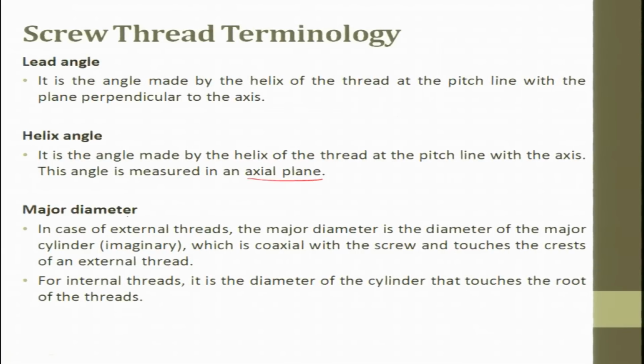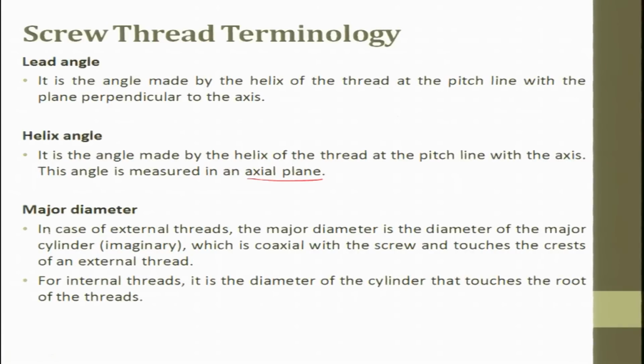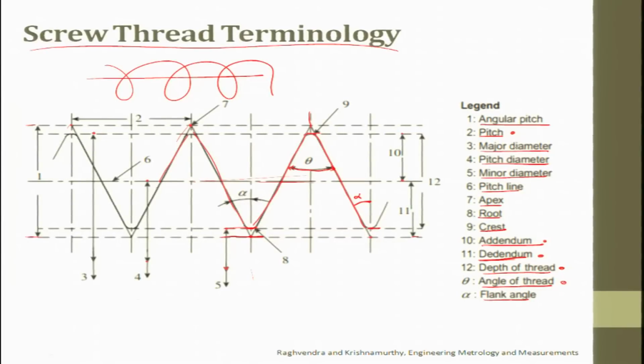Then we will try to see what is major diameter and minor diameter. Major diameter, in case of external thread, is the diameter of the major cylinder which is coaxial with the screw and touches the crest of an external thread. So, if you go back, major diameter is 3.